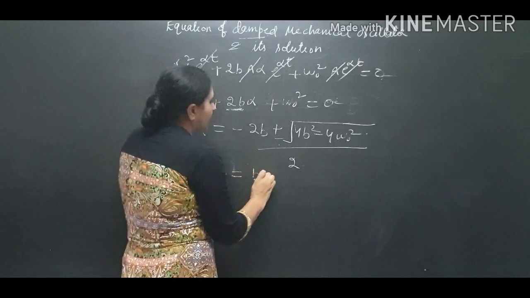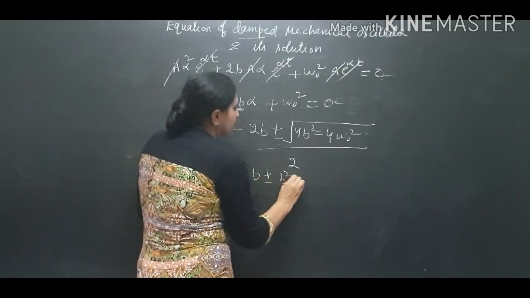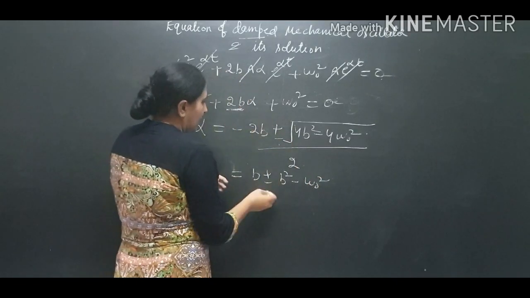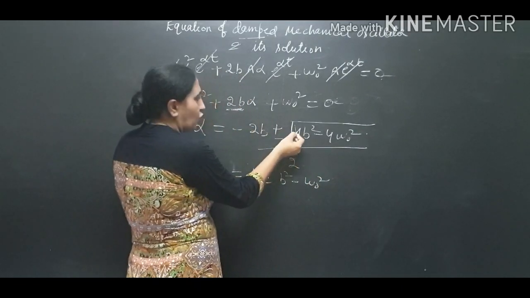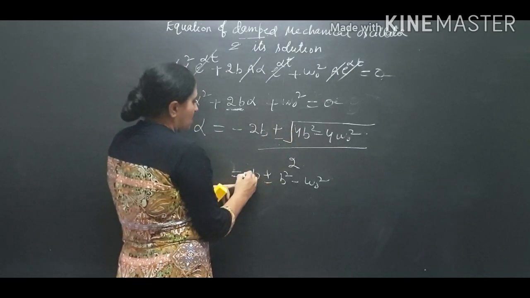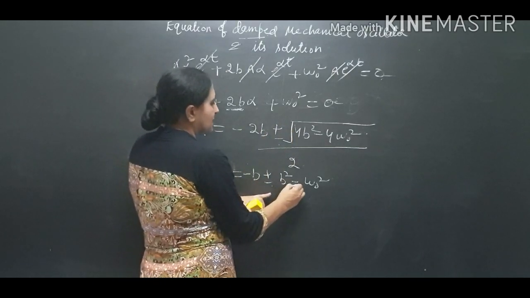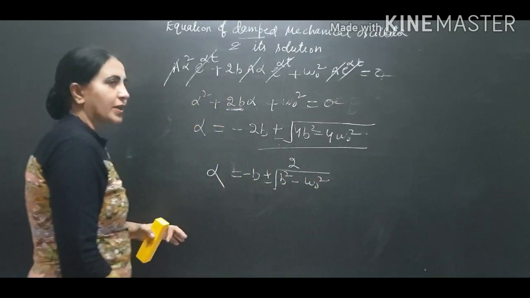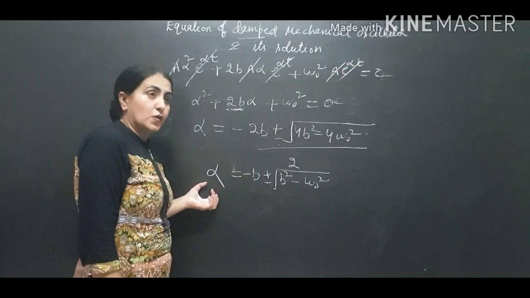What you get: alpha is equal to minus b plus minus the square root of b square minus omega naught square. This is alpha.